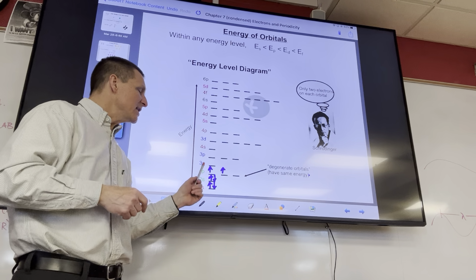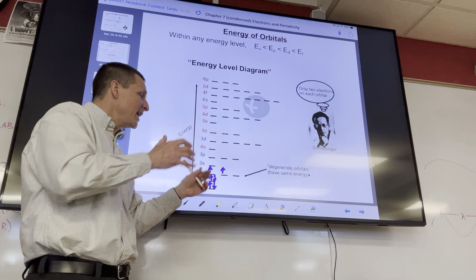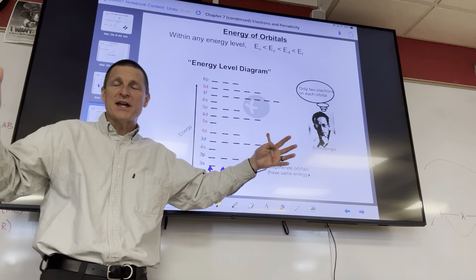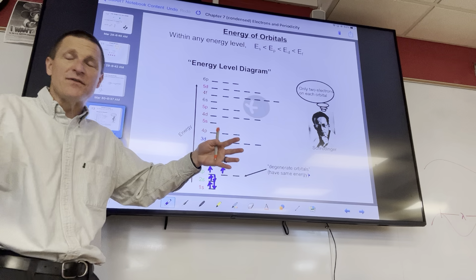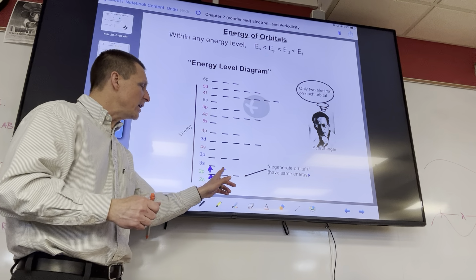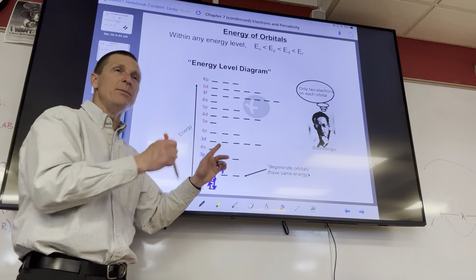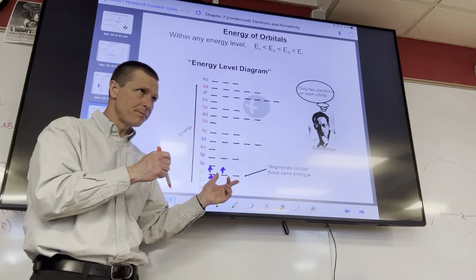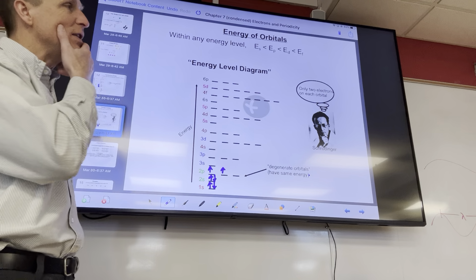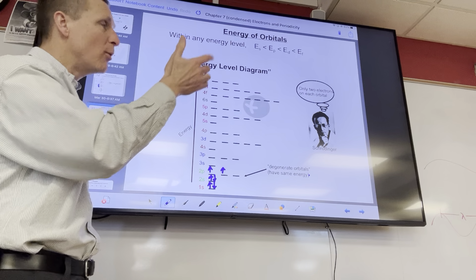They are still negatively charged, and they will try to spread out as much as possible if they have that option. So your first 3 electrons in a p sublevel will always go up, up, and up before you make any pairs.